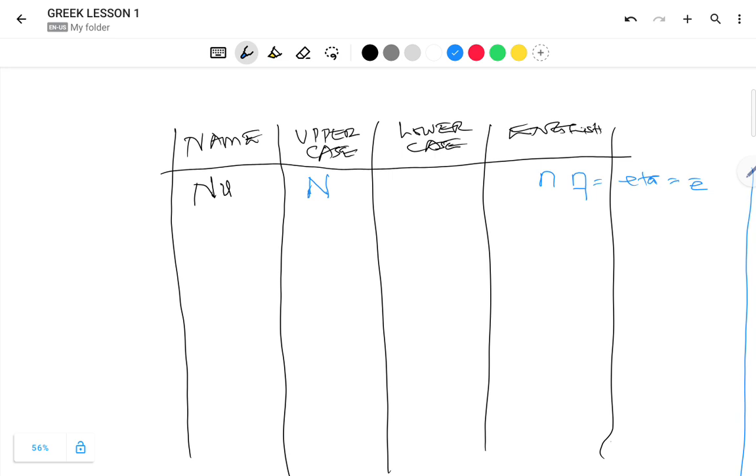Okay, so now you notice why it becomes very, very important to notice these differences. And so we covered the nu.